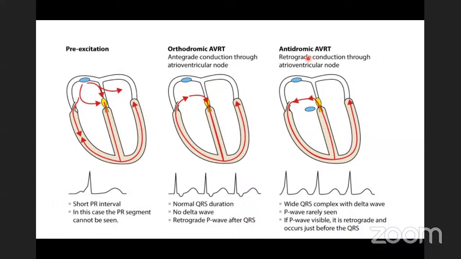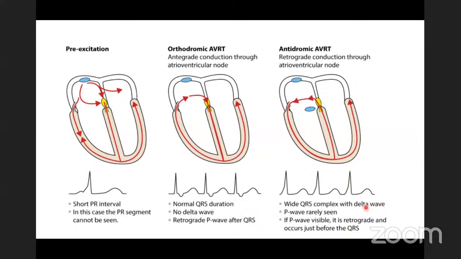So the other arrhythmia this accessory pathway or extra connection can give is antidromic AVRT. And what happens in this arrhythmia? The impulse goes through the pathway down to the ventricle, depolarizes the ventricle, and comes back through the AV node, back to the atrium, and then through the pathway down. So what does it cause? It gives you a wide QRS complex with delta wave.